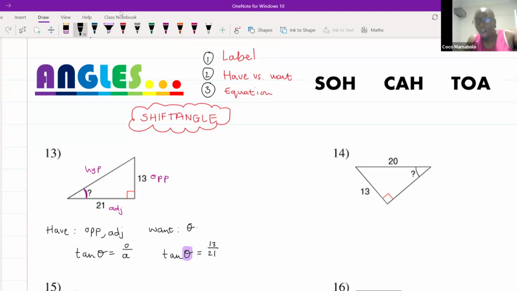Arctan, absolutely. So theta is equal to arctan of 13 over 21. And that is equal to what? We're going to take arctan of 13 over 21, close brackets, and the answer we should get here is 31.76.